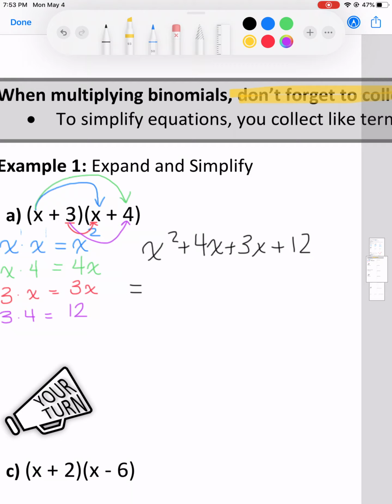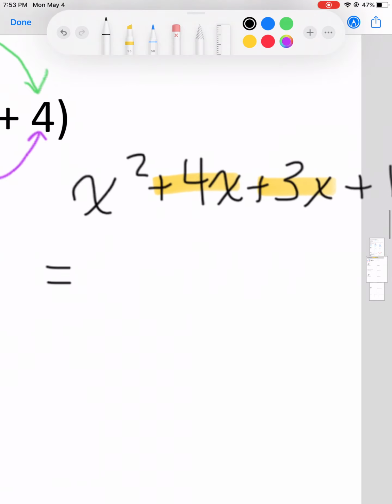If you were to see x squared, is there another x squared? No. Okay. 4x, is there another term with an x? Yes. It is the 3x. So we're going to have to add those two together. There's the 12. Is there any other term that has just a number in it? No. Okay. So we have x squared plus 7x plus 12.